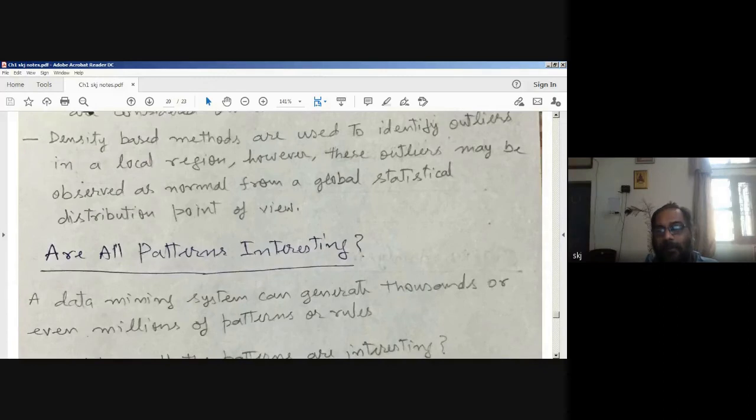But when we observe the same object in a larger context, or one term we use is global region, then the object which was earlier an outlier may not be an outlier from that big domain or global domain.